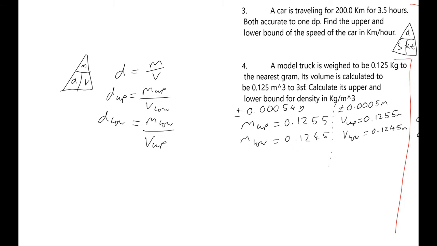So, density upper equals 0.1255 over 0.1245, and that equals 1.008032.